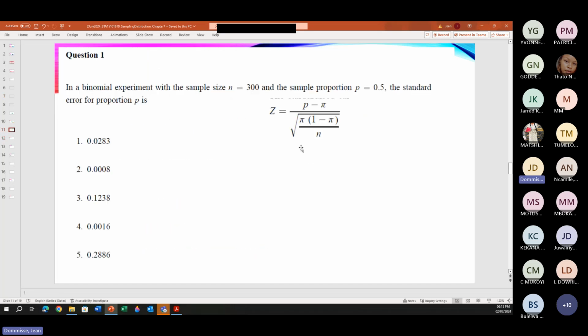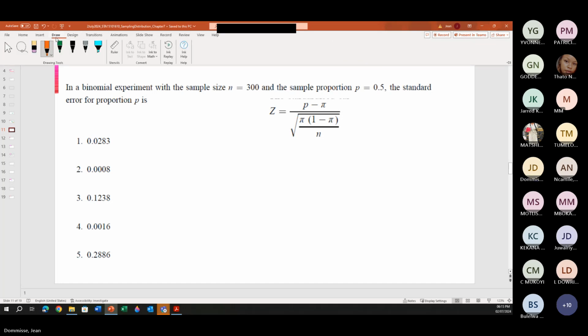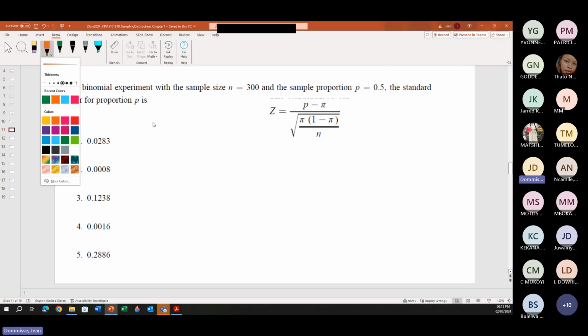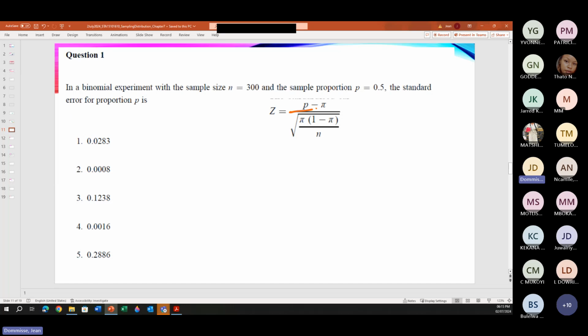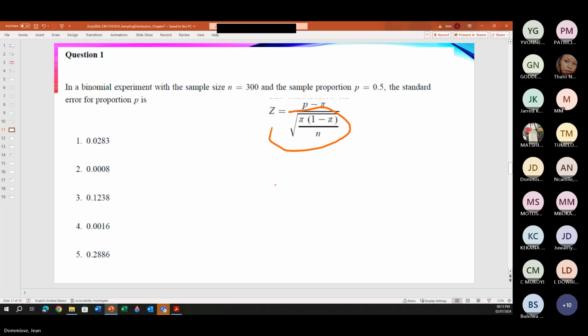So you want to work out the standard error, and you're going to use this part of the formula. We will substitute this with the P or the pi, or however you want to pronounce it.